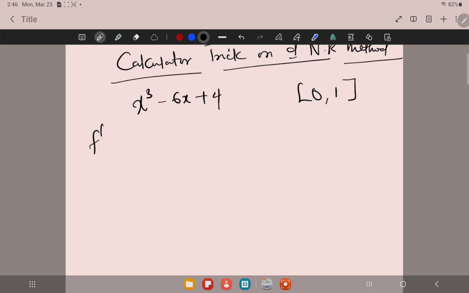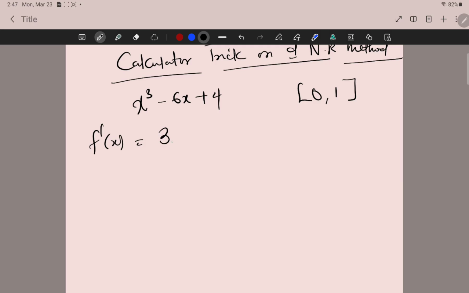What's the differential of this function? Let's differentiate this function: 3x squared minus 6x.